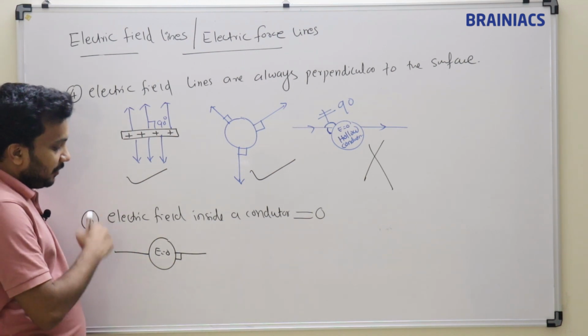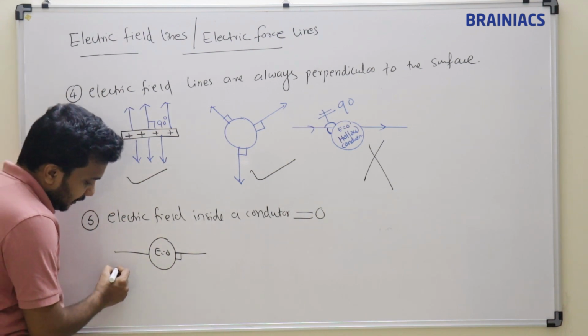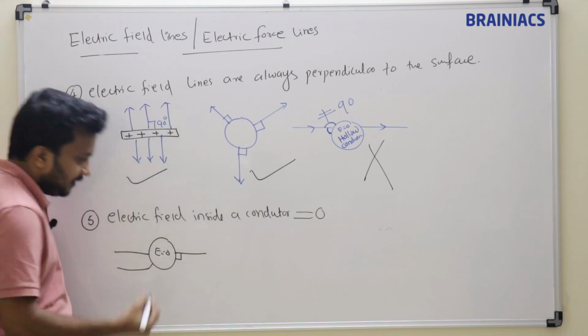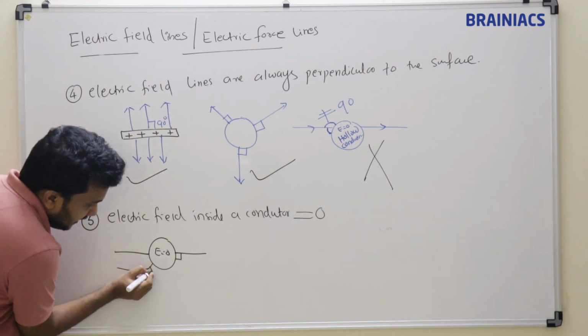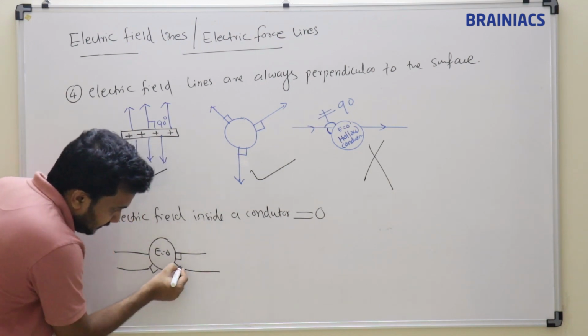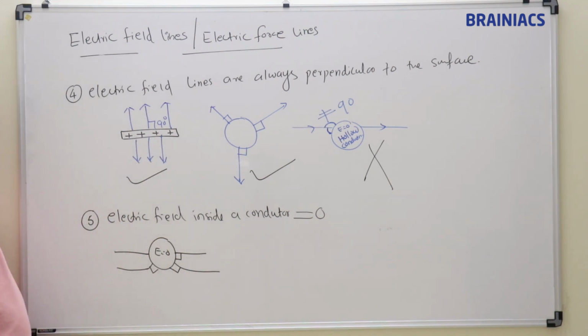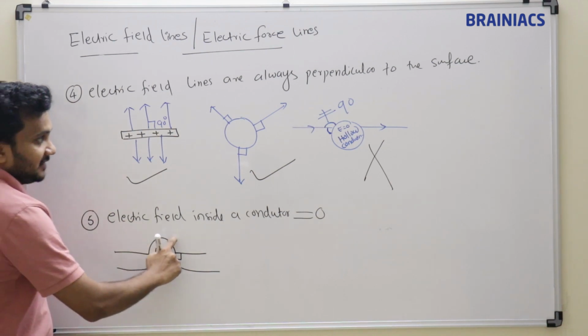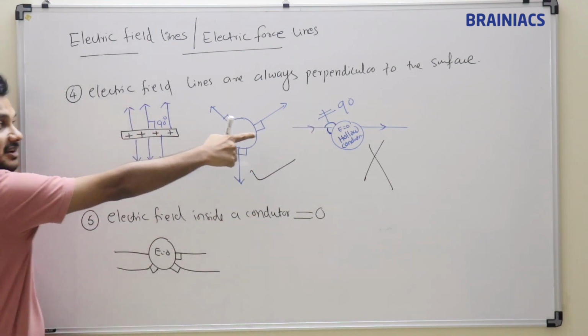If I want to draw further electric field lines, I can draw one line like this, but it should make 90 degrees. So exactly like this. Now this will make 90 degrees. Similarly, I can draw another line like this, and this will make 90 degrees. Always it should be 90 degrees. If I draw a straight line like this, the straight line is not 90.